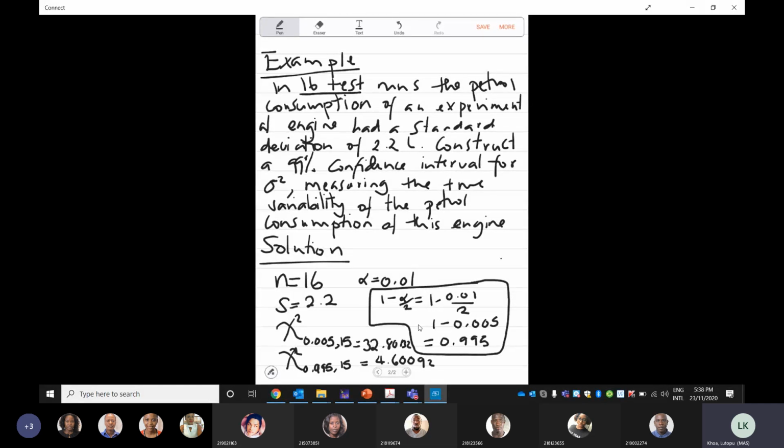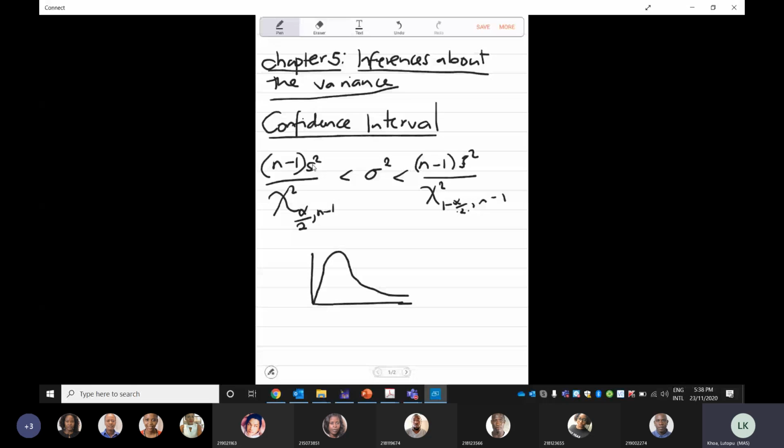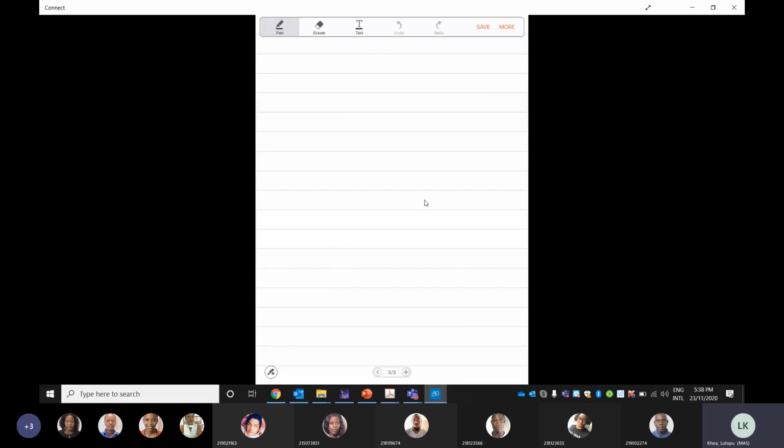Okay, so now that we have that, all we will do now is substitute the values and then get our confidence interval. So this is the formula again. We have everything: n minus 1, that's 15, s squared, the 2.2 squared, and then these values over here, we read them from our table, which we did just now. So doing that, our confidence interval will then be 15 multiplied by 2.2, which I square.